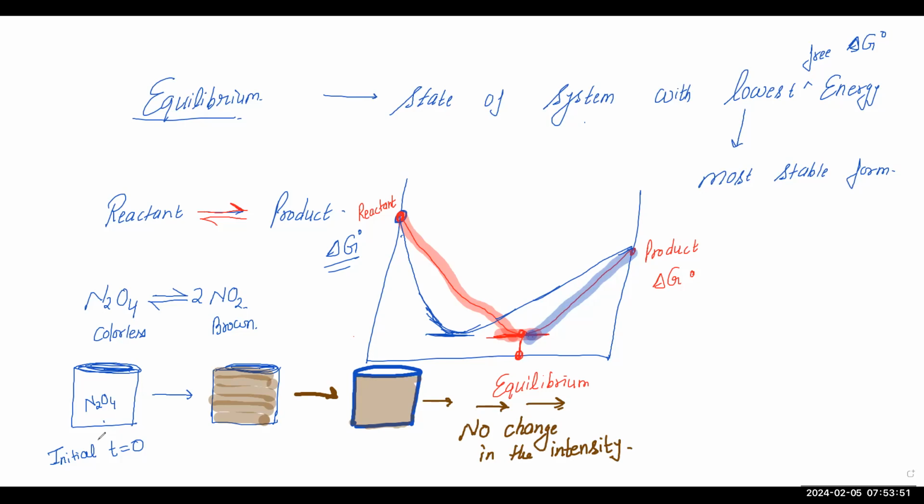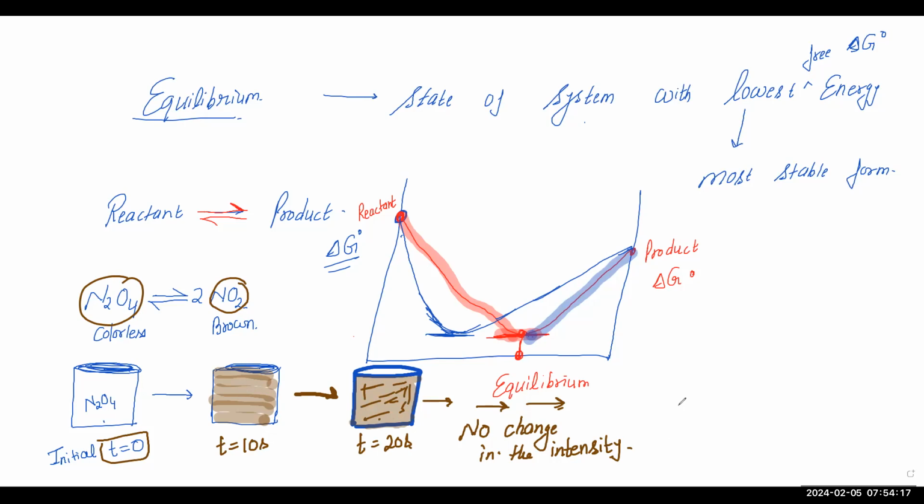This is the initial state when the time is 0. It was totally colorless. This is, let's say, after 10 seconds. There is some NO2 and there is N2O4. This is, let's say, after 20 seconds. There is more NO2. Intensity has increased. But after 30, 40, 50 seconds, nothing is changing.